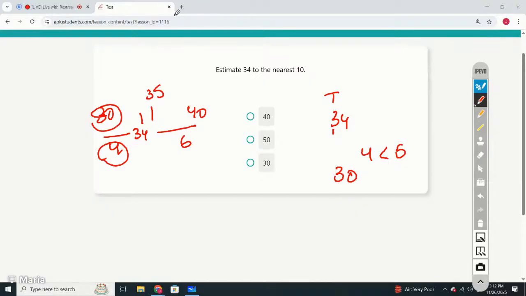Got it? The correct option is 30. Got it?